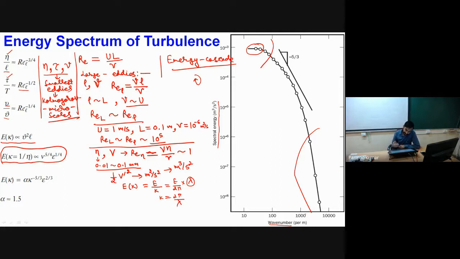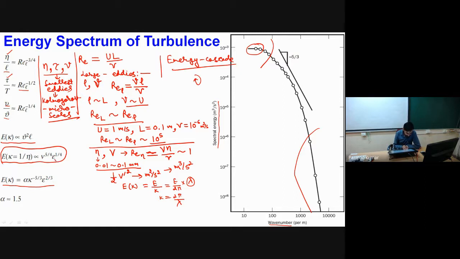So for defining the intermediate wavelengths, this particular energy equation has been proposed: energy is equal to alpha times k power minus 5 by 3 into epsilon 2 by 3.